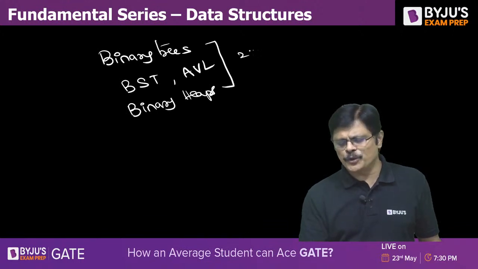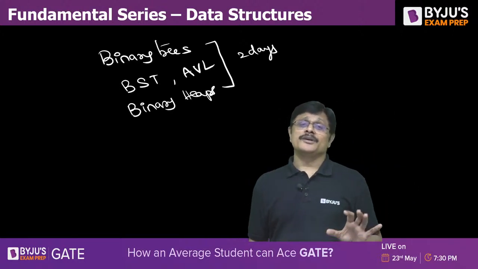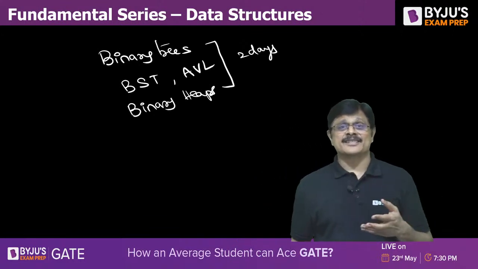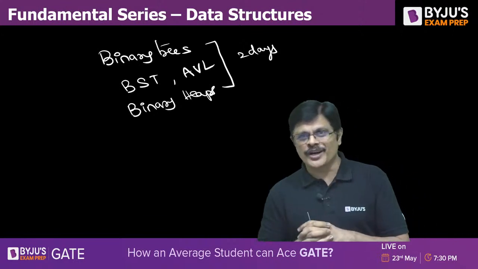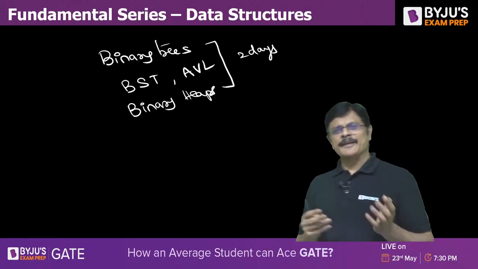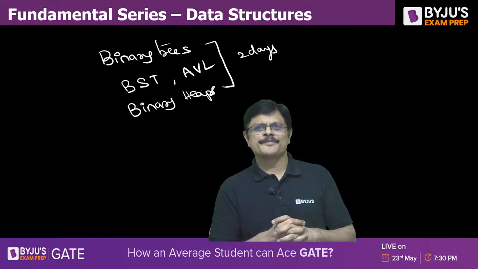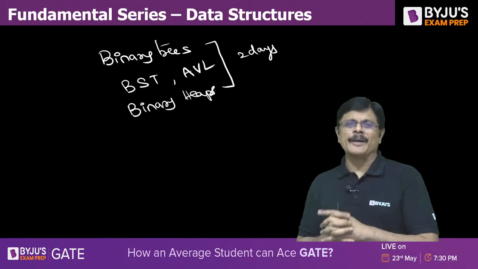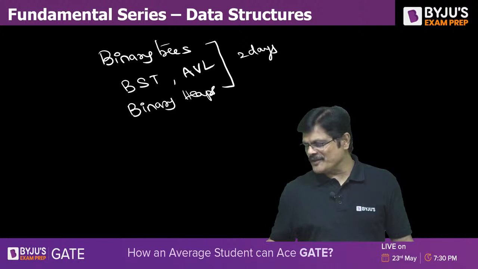Tomorrow, binary tree properties and the traversals: pre-order, in-order, post-order. If time permits, constructing a binary tree from given pre-order and in-order will also be considered. Then binary search trees, AVL, followed by binary heaps the day after tomorrow. That is the plan of action.